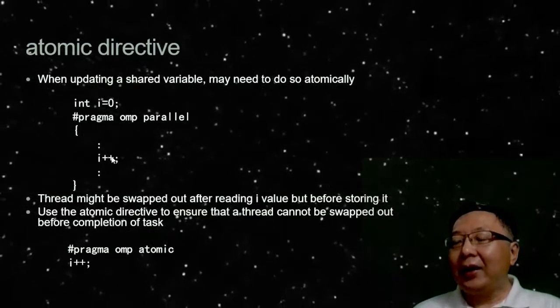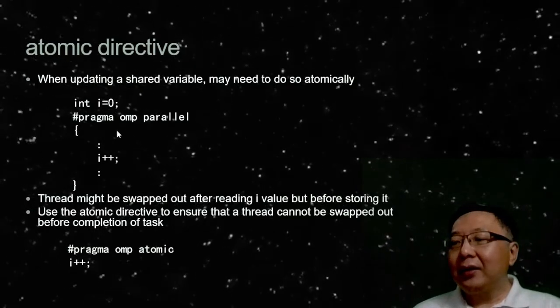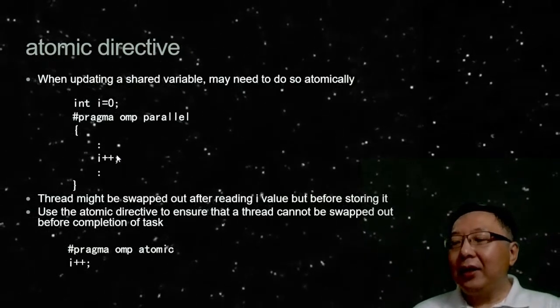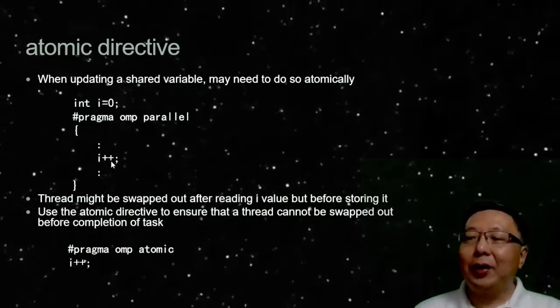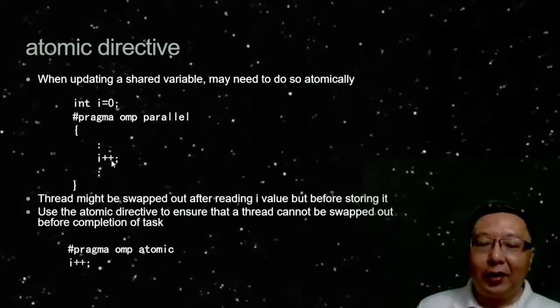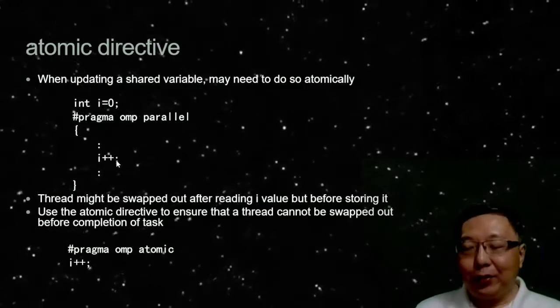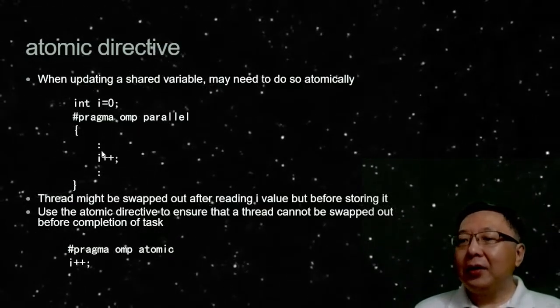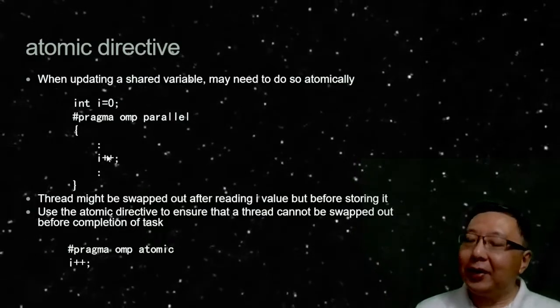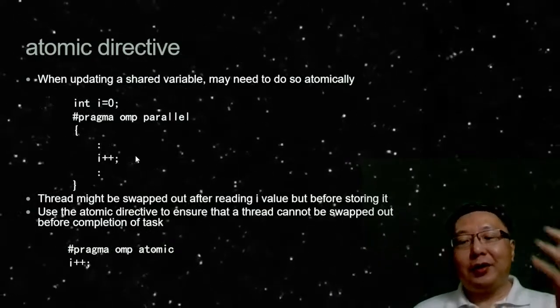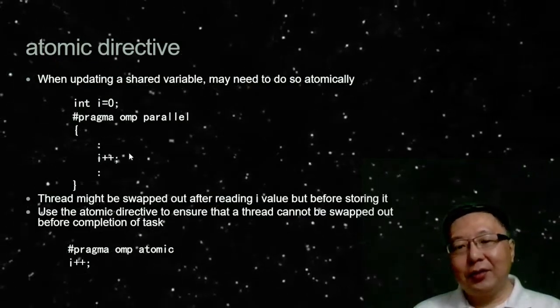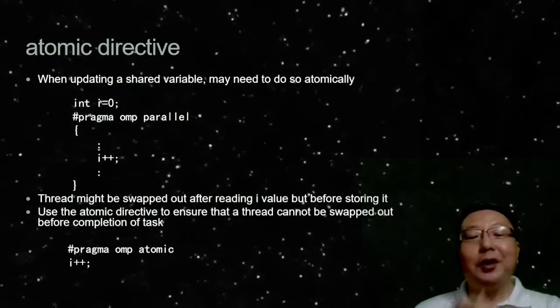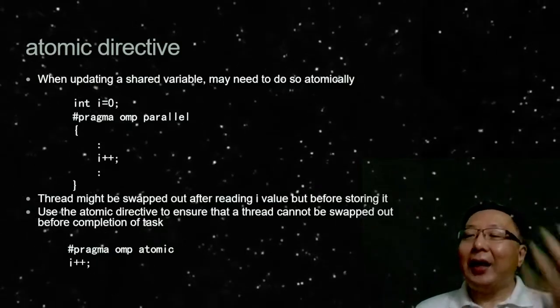Then I add 1 to I. The thing is that it could get clobbered, because adding 1 to I is load the value of I, add 1, and put it back into I. So it's possible, if you have threads running at the same time, that one loads the value of I, let's say it's 4, and then adds 1, so it's 5, but meanwhile somebody else has loaded the value of I, which is 4, and then adds 1 again.